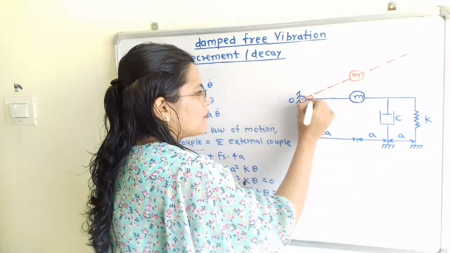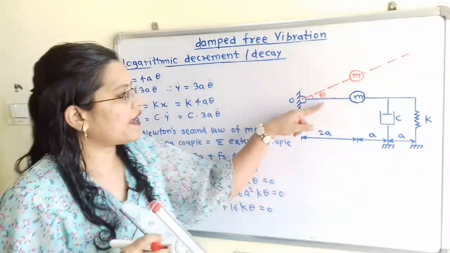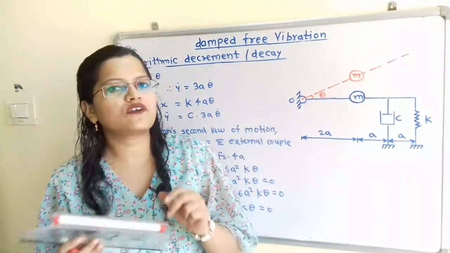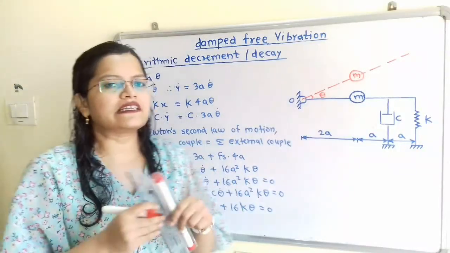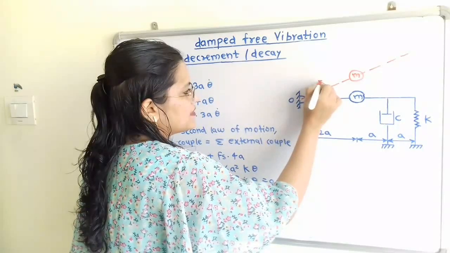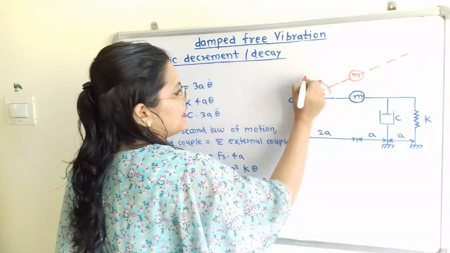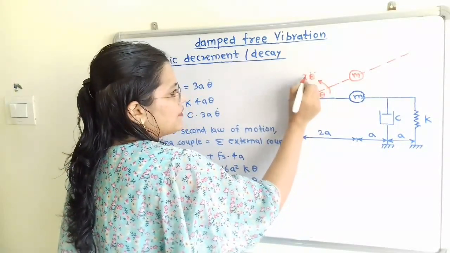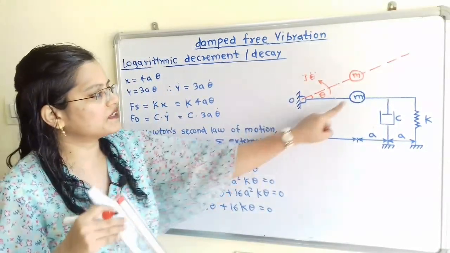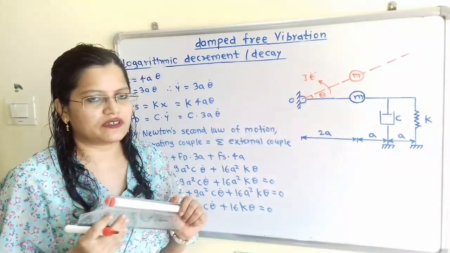So here is the angular displacement theta. Now in the direction of the angular displacement, an accelerating torque develops. Because theta is in the anti-clockwise direction, the accelerating torque is I theta double dot, where I is the mass moment of inertia for this mass m and theta double dot is the angular acceleration.